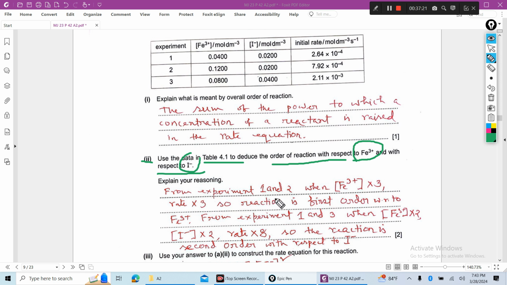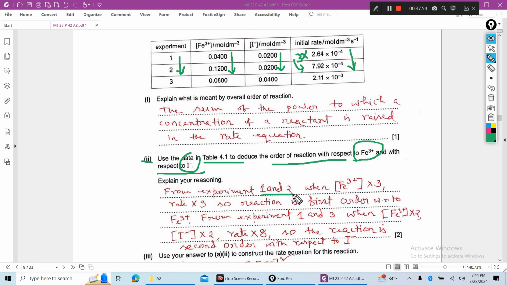Now you see from experiment 1 or 2, when concentration of iron 3 ion is multiplied by 3, keeping iodide ion constant, rate becomes 3 times. This times 3, you will get this value. So concentration is directly proportional to the rate, so the reaction is first order.